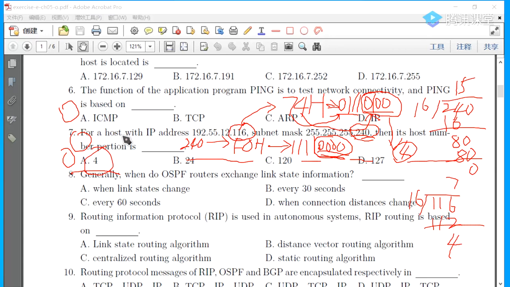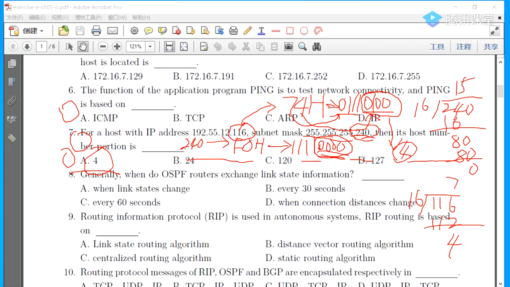Do you understand? Okay. The subnet mask is 255.255.255.240. Because the first 3 bytes are 255, that is all 1.